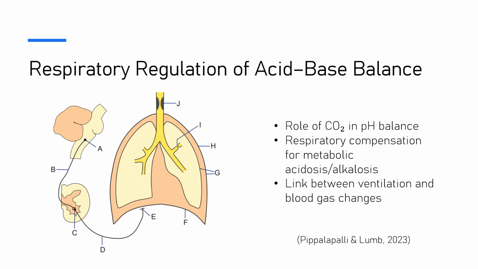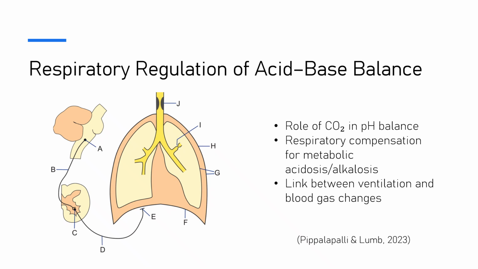The lungs serve as the body's main mechanism for short-term acid-base regulation, due to their quick ability to alter hydrogen ion concentration. The lungs respond in a matter of minutes, while the kidneys offer longer-term compensation.